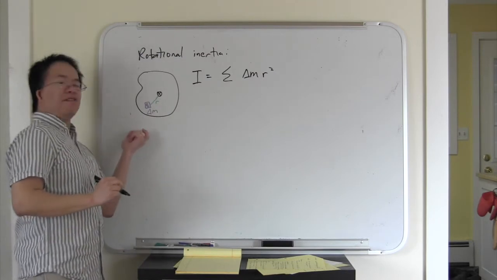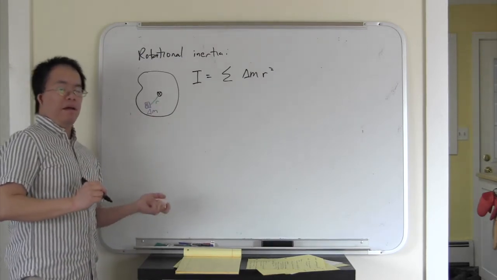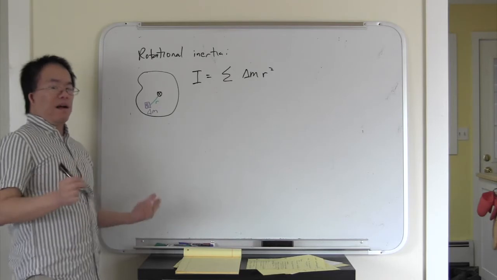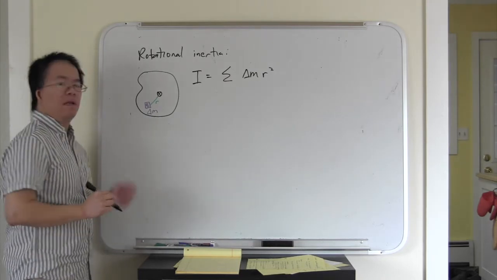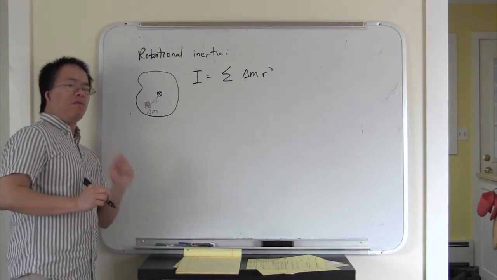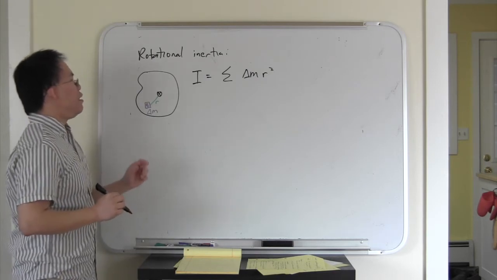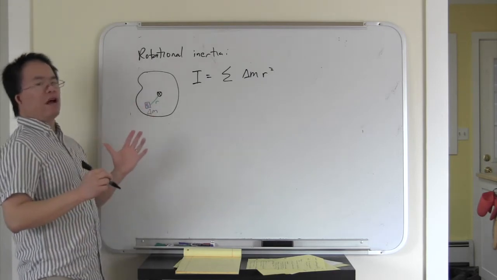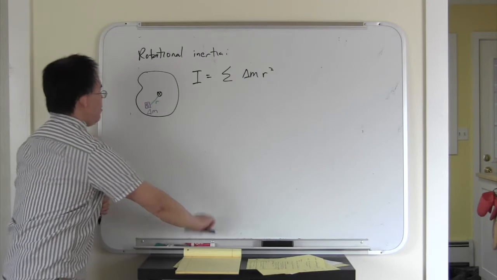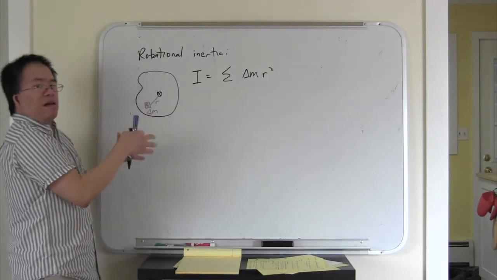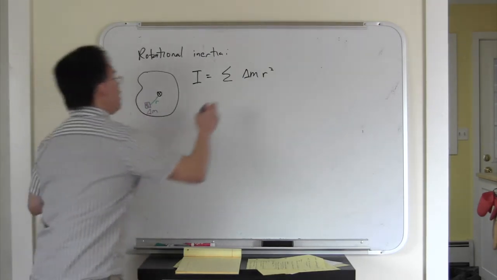So I take the mass of every little chunk, multiply by r squared, and add up over the entire object. From 118, hopefully it's not a huge surprise that for a truly continuous object, I just need to take the limit of this as I make all my elements smaller and smaller.